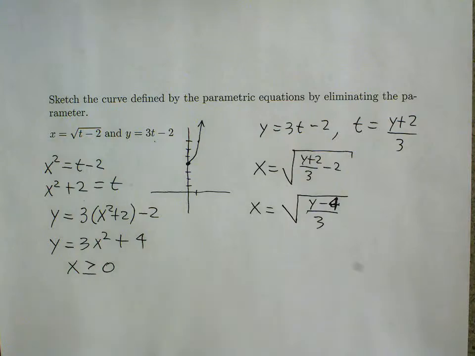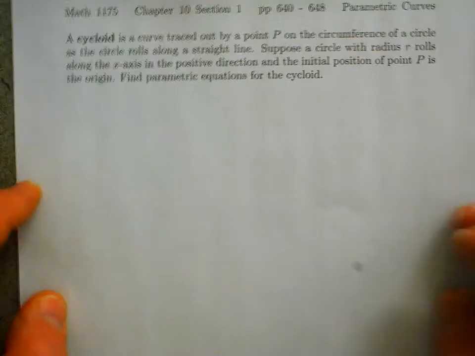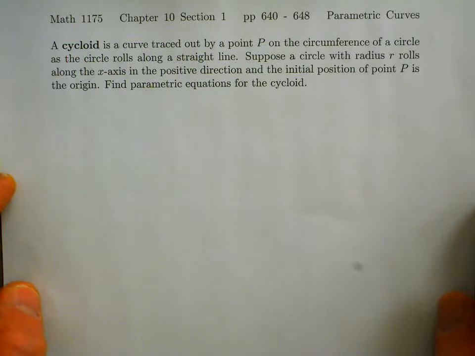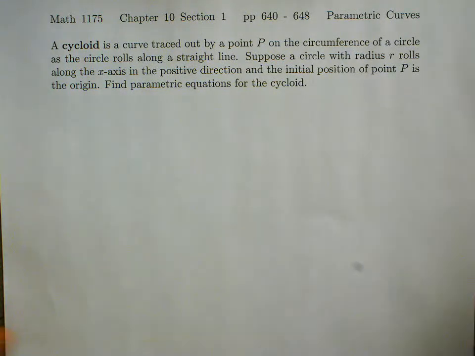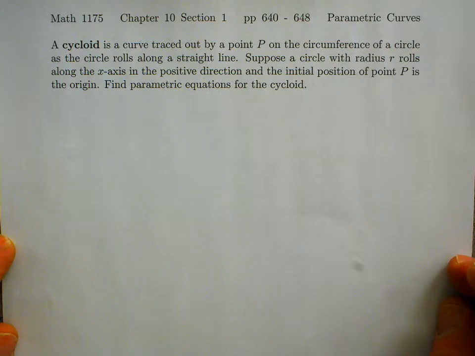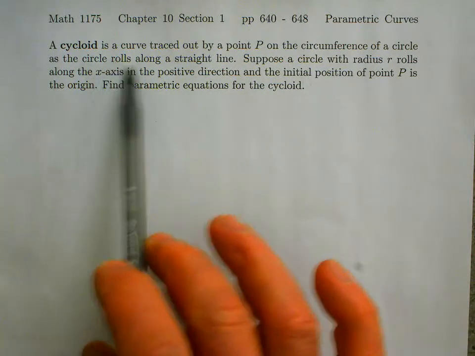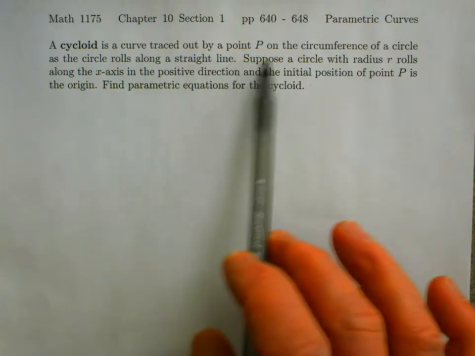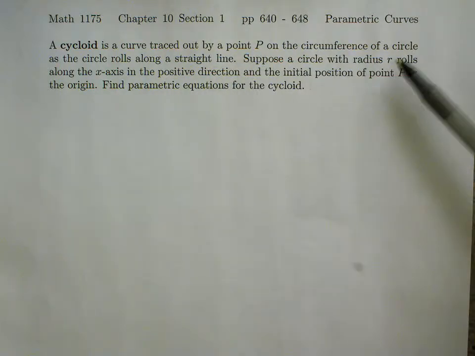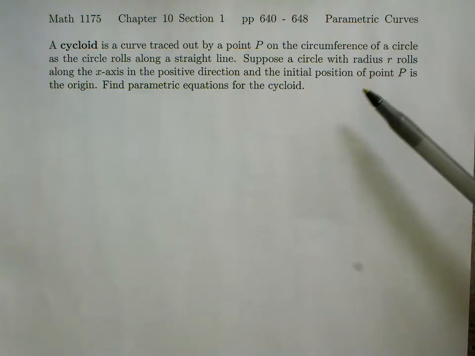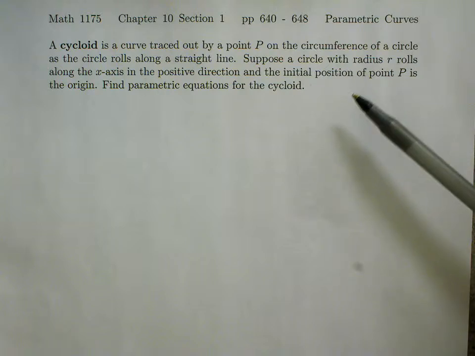Okay, we'll move on to the last part that we're going to cover in 10.1, which is finding parametric equations for a cycloid. A cycloid is a curve traced out by a point P on the circumference of a circle as the circle rolls along a straight line.